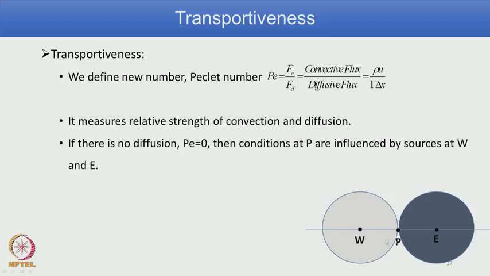If there is no diffusion, then the variable value at P, or the flux at P, is influenced completely by W and E, that is, with equal weightage. Now, this is the direction of the flow.